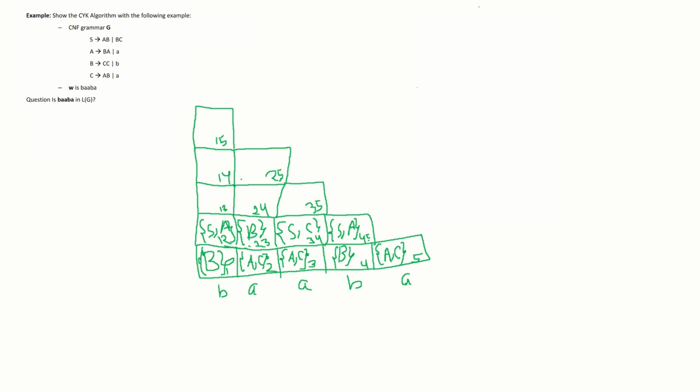So now in the first column of third row, our substring is from position 1 to position 3, which is BAA. This B is from position 1, this A is from position 2, and this A is from position 3.